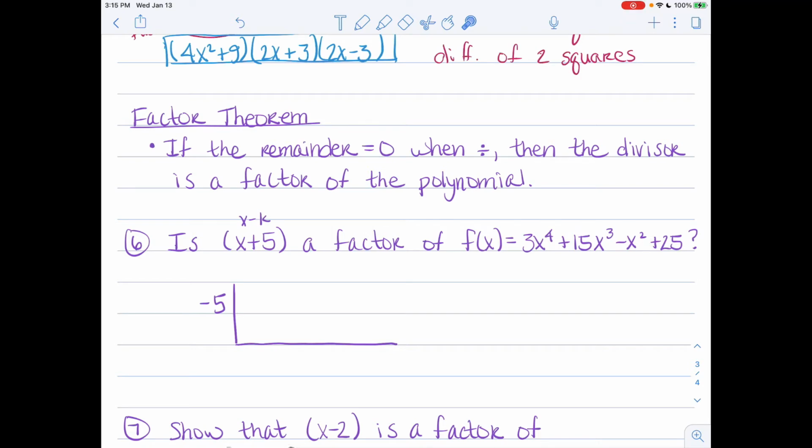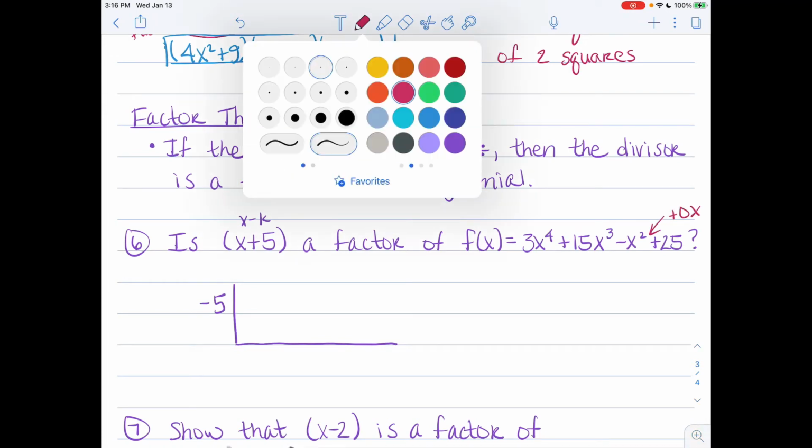Remember that not only does it need to be in standard form, it needs to be in standard form plus have every term accounted for, all the way from the degree 4 term down to the constant. 4, 3, 2, 0. I skipped 1. So I need to be sure that I insert a plus 0x here and use that 0 placeholder in my synthetic division.